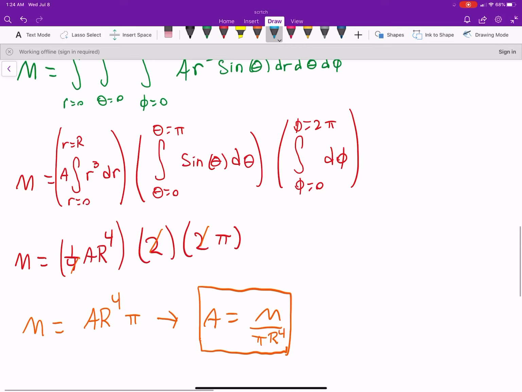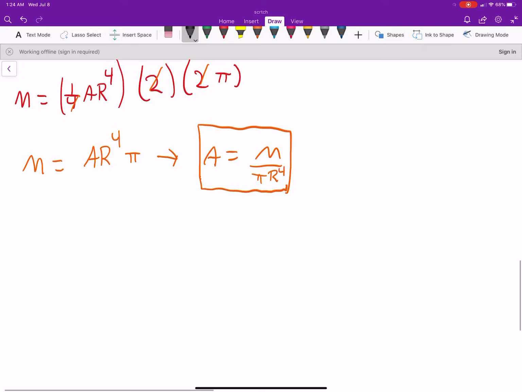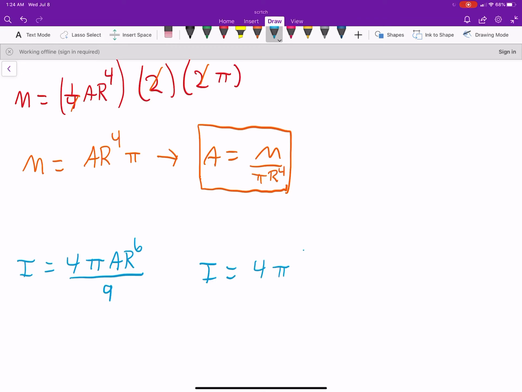So now let's go plug this into our moment of inertia, I, same thing, right? So it was 4 pi A r to the 6 over 9. But now we know what A is. So let's plug in for A. M over pi r to the 4th, times r to the 6 over 9.